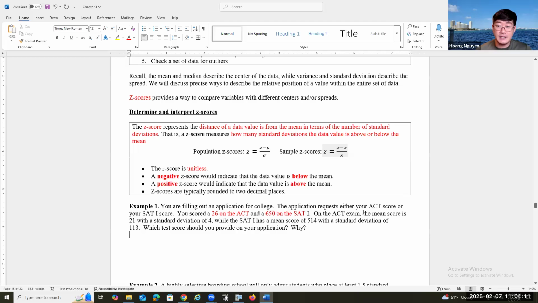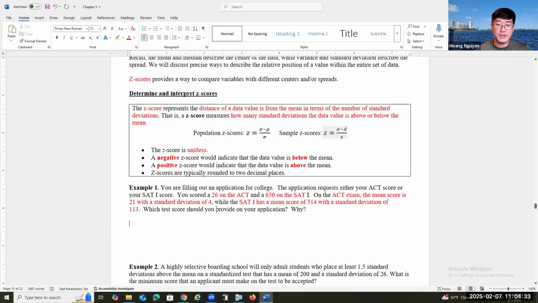On the ACT, the mean test score is 21 with a standard deviation of 4, while the SAT has a mean of 514 and a standard deviation of 113. Here's the question: what test score should you provide on your application, and why?